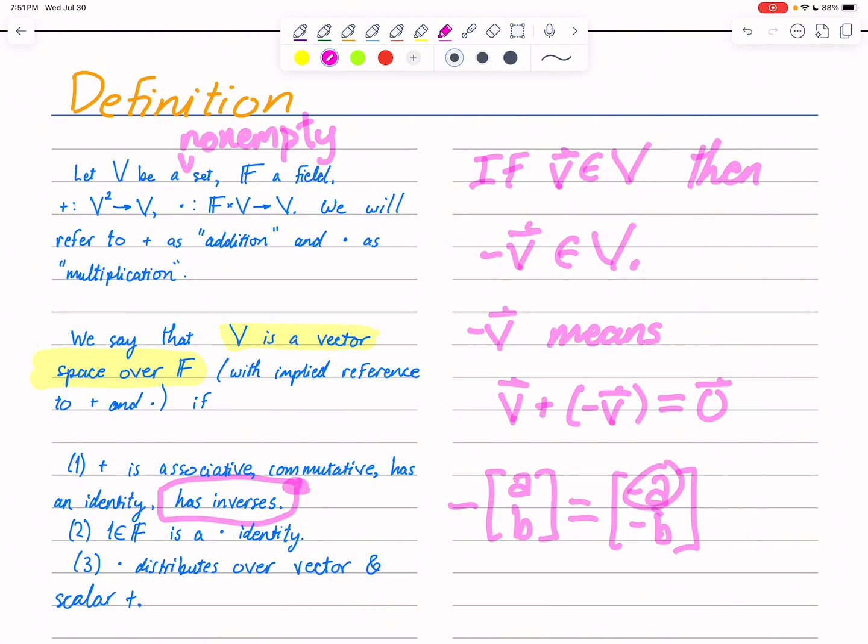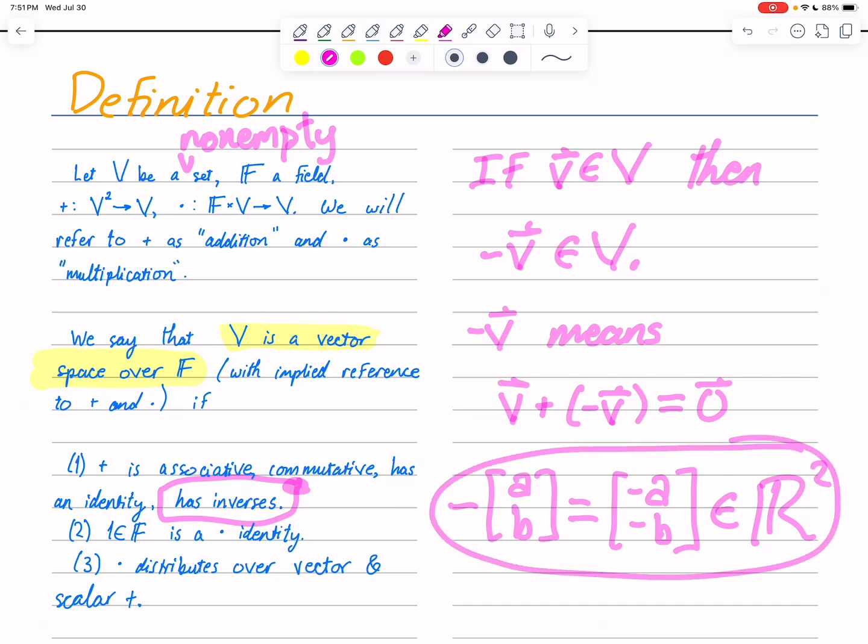Because this is a real number, this is a real number, so this again is in the set of lists of two real numbers. So if you allow all lists of two real numbers, then that has inverses. But this is exactly what doesn't happen if you require the coordinates to be non-negative, right? So that's why that example failed: it wasn't closed under inverses.